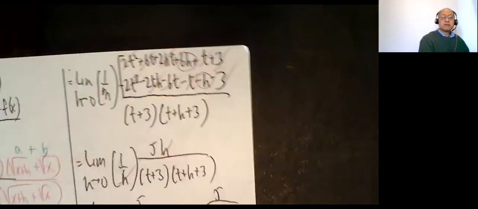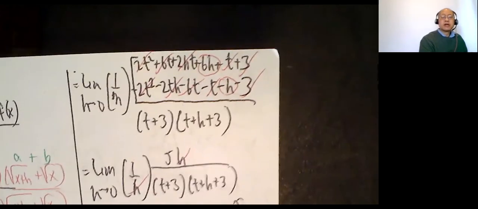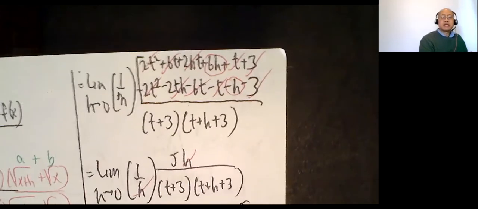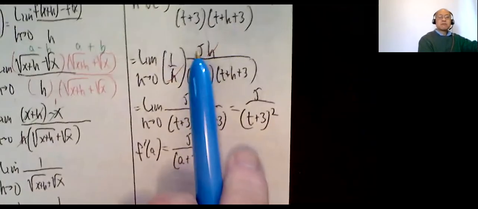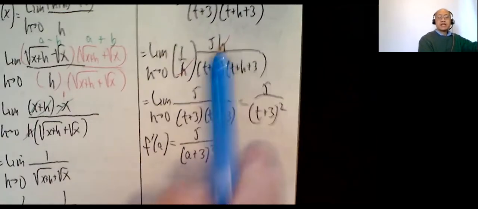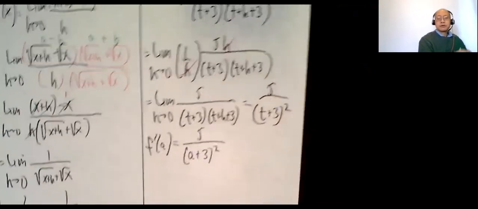Minus t cancels out. 3 cancels out. Okay, the only thing that doesn't cancel out are the ones that I have circled, 6h and a negative h. That's 5h. That h cancels that h. So there we go.